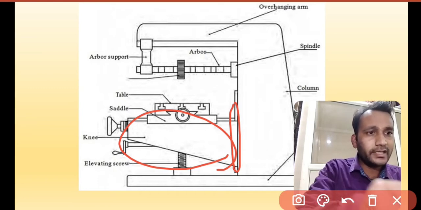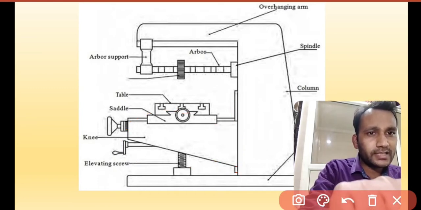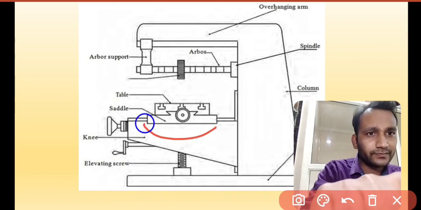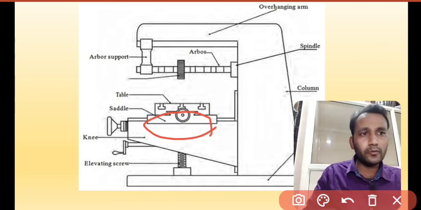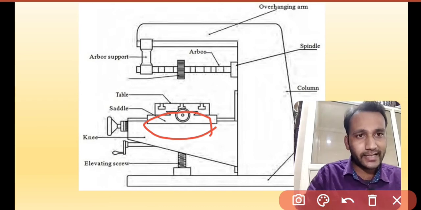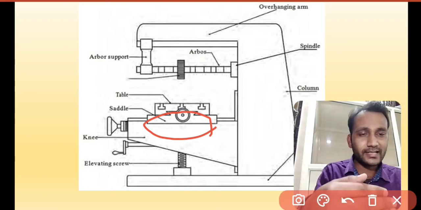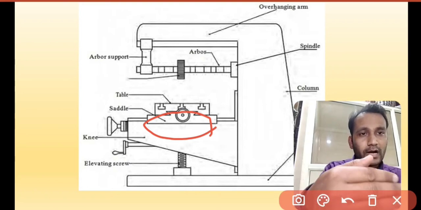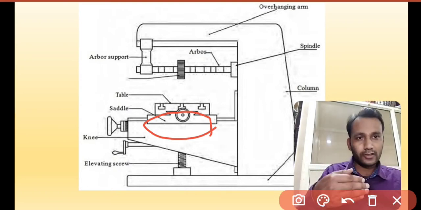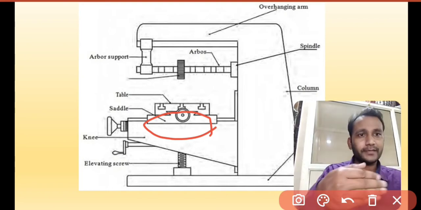Over the knee is mounted the saddle. The saddle can move in the transverse direction, which means as far as this screen is concerned, it can move away from the screen and towards the screen.